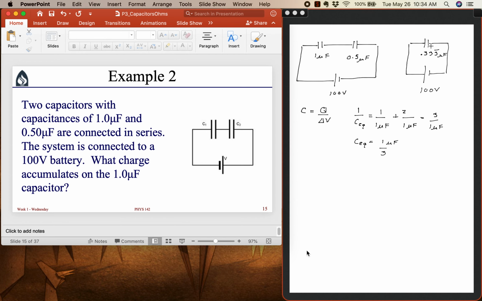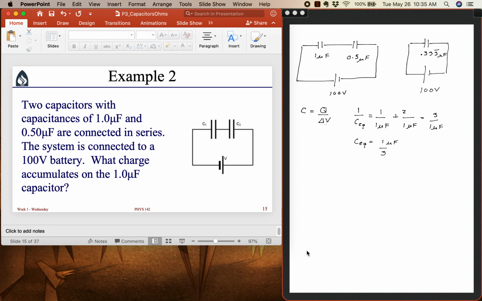So now I can find the charge that would build up on this equivalent capacitor, because I know its capacitance, and I know that the battery, if I'm gaining 100 volts from the battery, I have to lose 100 volts over this capacitor. So I know the potential difference across the capacitor.